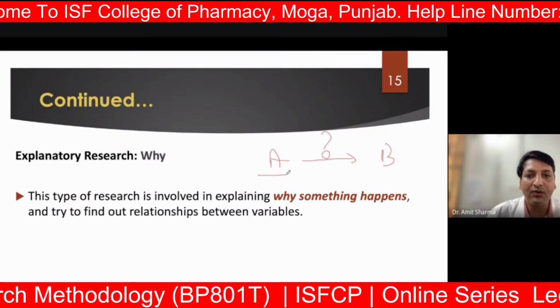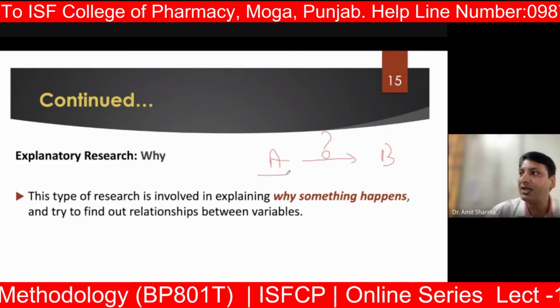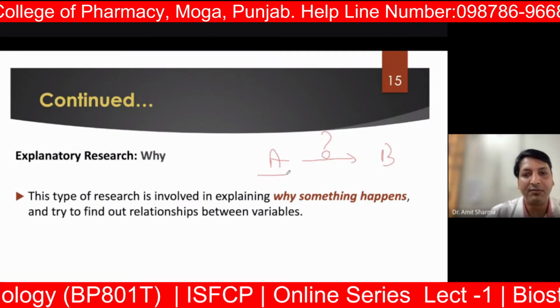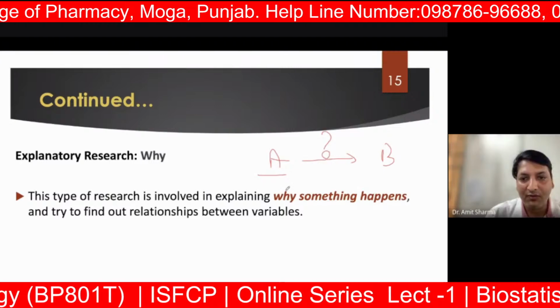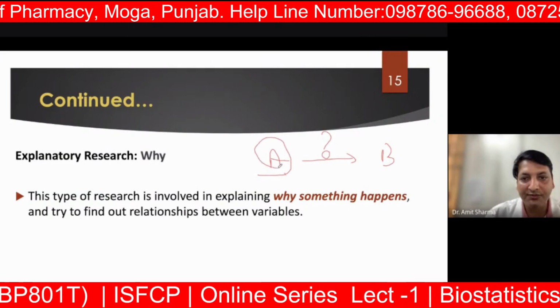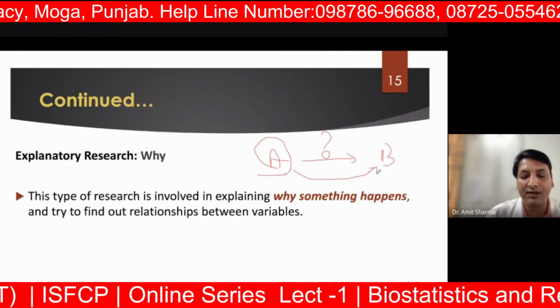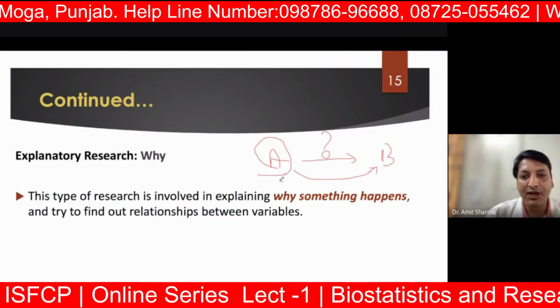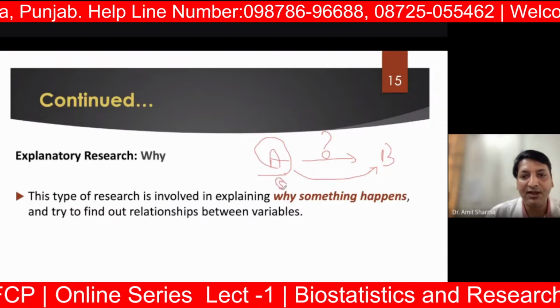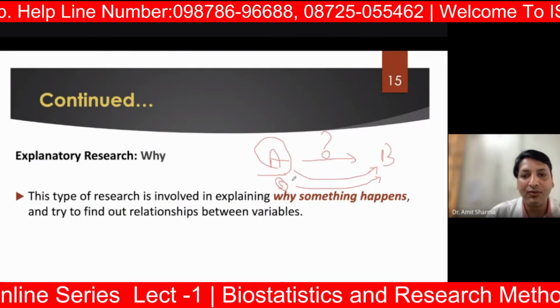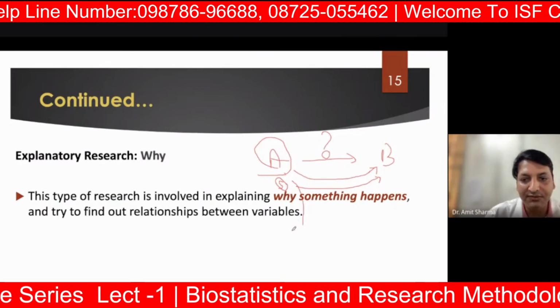How A has caused B, and how much A has caused B, is explained in descriptive research. A contains what? Because of that, B has occurred. It means smoking contains what, which leads the patient to develop cancer? The answer is carcinogens.